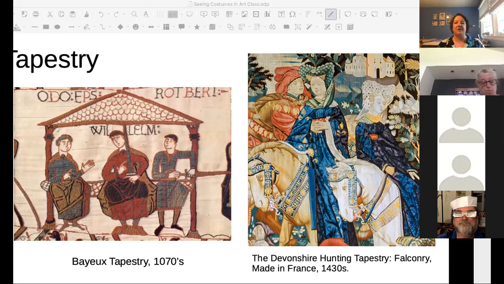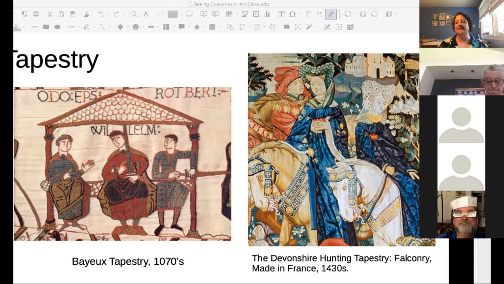When you get into later periods, though, tapestry starts getting a lot more involved and, I don't want to say pretentious, but there is more of an effort to make the tapestry bigger and more exciting. So one of the interesting things to look at in tapestry is how they depict in thread and textile the textiles that people are wearing.